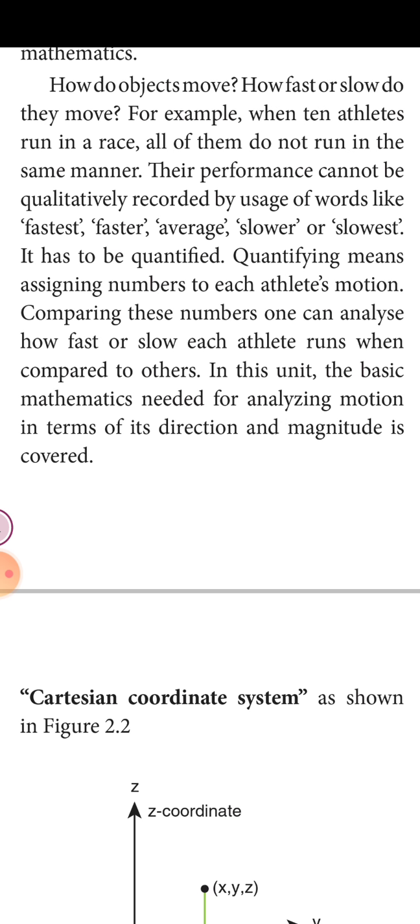It has to be quantified. Quantifying means assigning numbers to each athlete's motion. By comparing these numbers, one can analyze how fast or slow each athlete ran compared to the others. In this unit, the basic mathematics needed for analyzing motion in terms of direction and magnitude is covered.